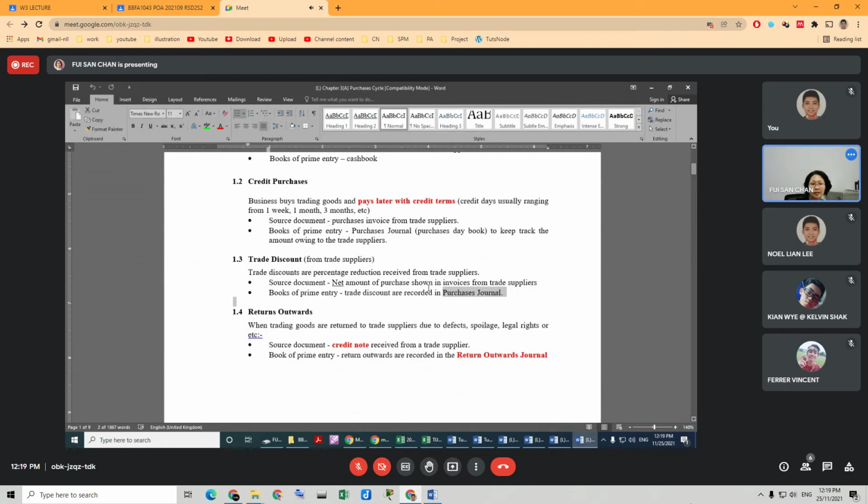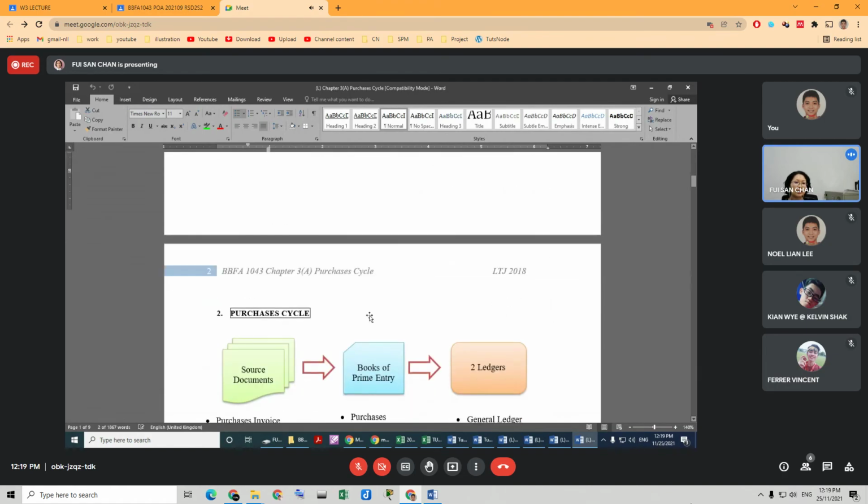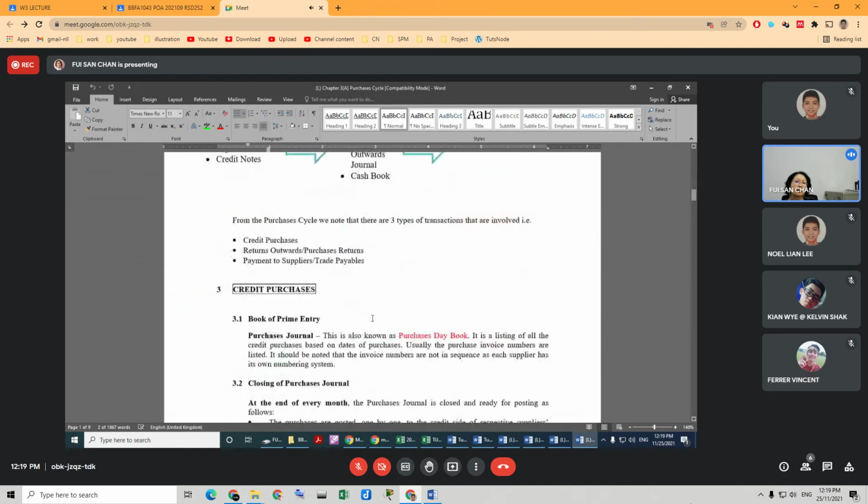When you purchase, there is a trade discount, and when you return, please don't forget the trade discount. A lot of people make this mistake.